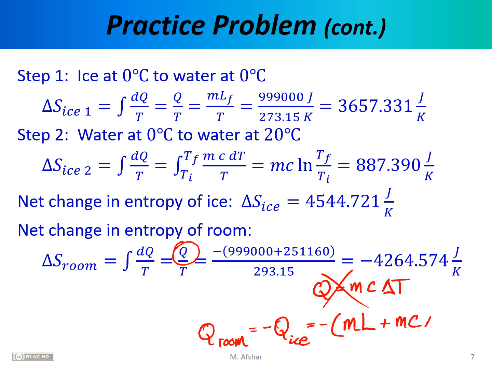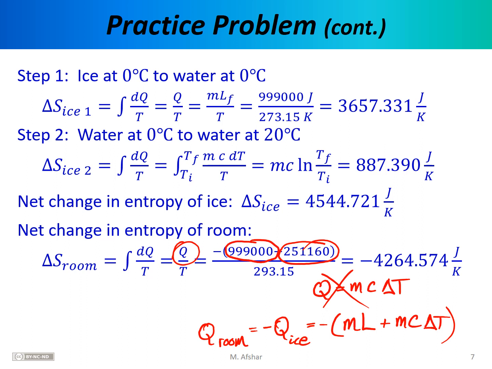The amount of heat there is mc delta T. We have all these numbers, we can plug them into our calculator, and we find that while the ice is melting, the room is losing 999,000 joules of energy. And while the water is warming up, the room is losing a further amount of energy equal to 251,160 joules.